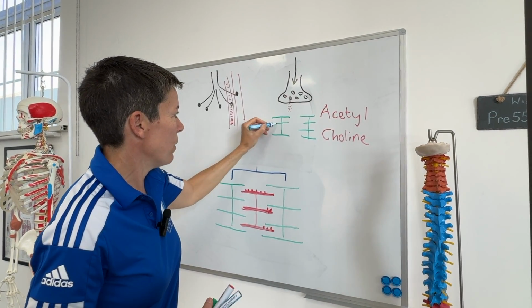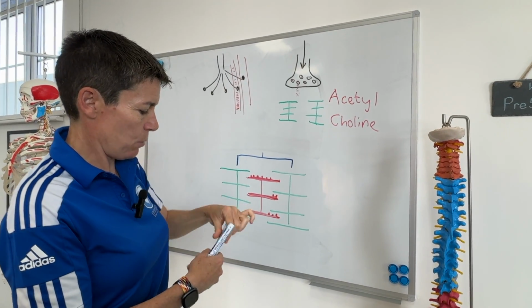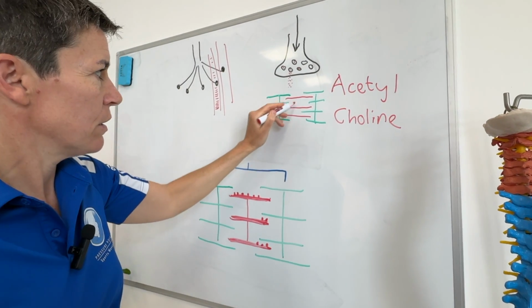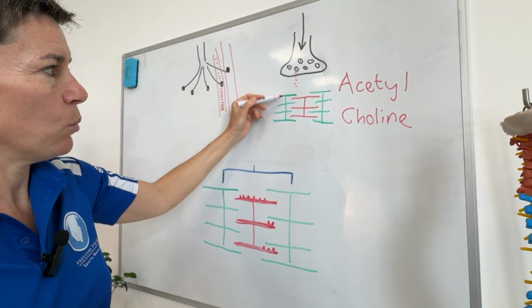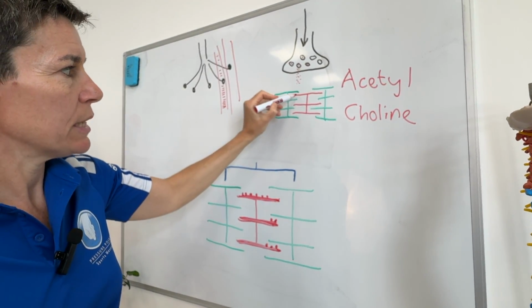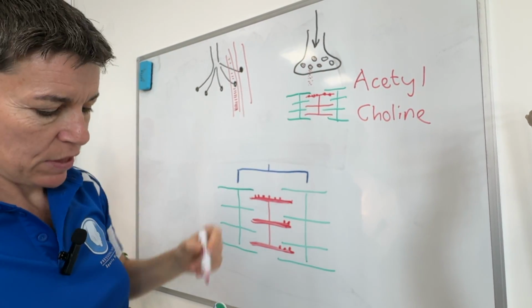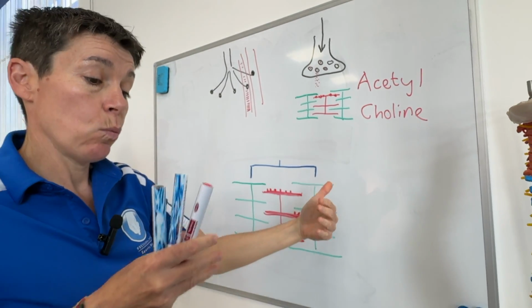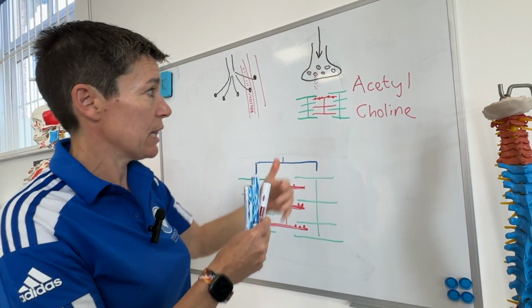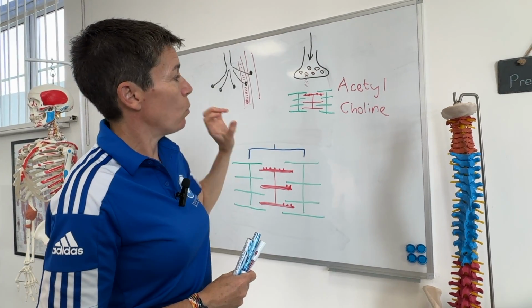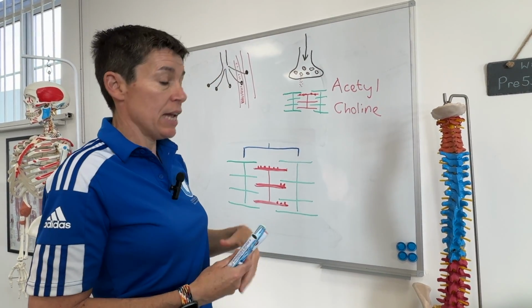Okay, so now we're understanding a bit better how it all fits in. What were the green ones? The green ones were the actin, the thin ones. The red ones were the myosin, remember, with the heads on it. Okay, and as they pick up the acetylcholine, they will want to contract, and they pull together for muscle shortening or concentric contraction. But what also needs to happen here is energy.